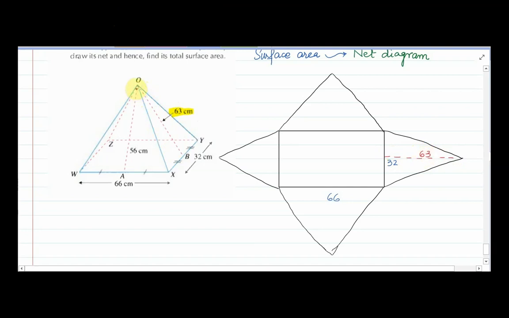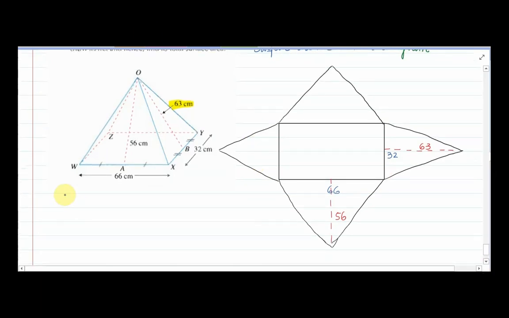Similarly, if you see the length 56 here, when you open the pyramid, the length 56 lies here, right? To find the surface area of a pyramid, how many shapes do we have? We have 4 triangles and 1 rectangle, right?